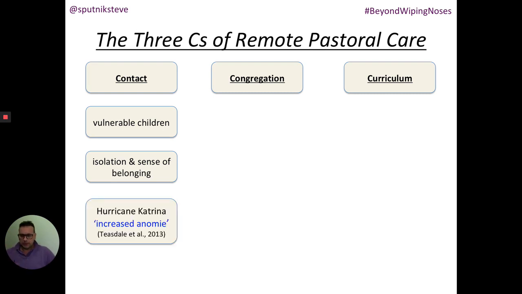There's a particular paper by Teasdale, 2013, which looked at the mid and long-term effects of Hurricane Katrina, and a significant number of young people experienced depression, PTSD and other mental ill health conditions within 12 months of that event. Part of it obviously was because it was a traumatic experience, but a lot of it also was about that sense of isolation and a lack of a sense of belonging.